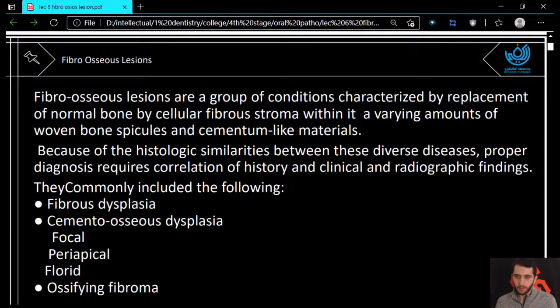The bone is being replaced by the stroma, or the fibrous stroma. Because of the histologic similarities between these diseases, proper diagnosis requires a correlation of history and clinical and radiographic findings.